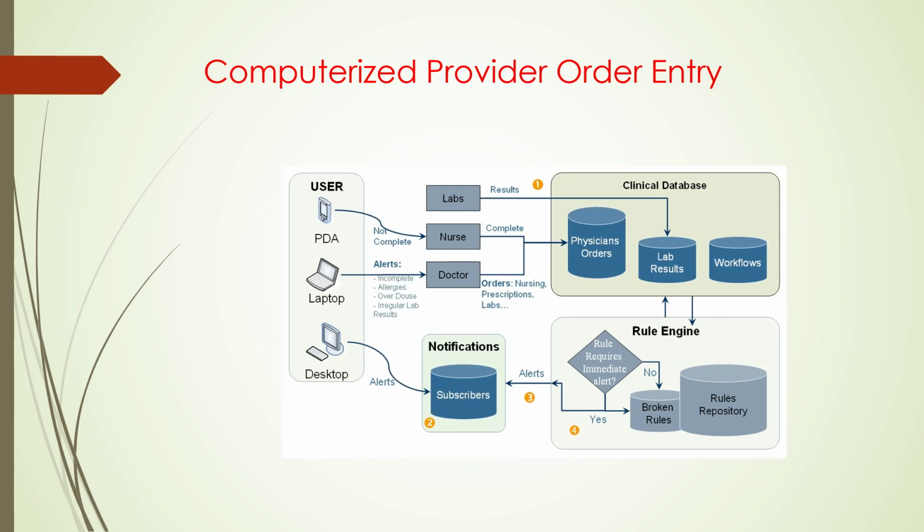So in computerized provider order entry, you have user information going into different servers used for different purposes. Finally, it goes into a clinical database where you have data sets of physician orders, lab results, the workflows, and then there are rule engines that say for this particular drug, it can't be more than this particular dosage, etc., and it goes to subscribers.